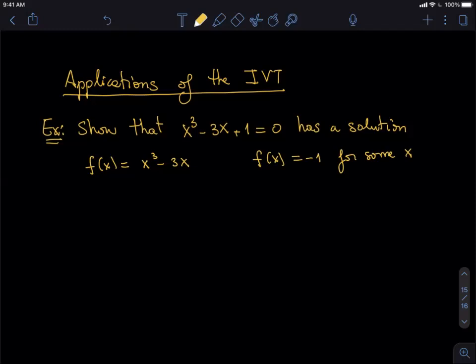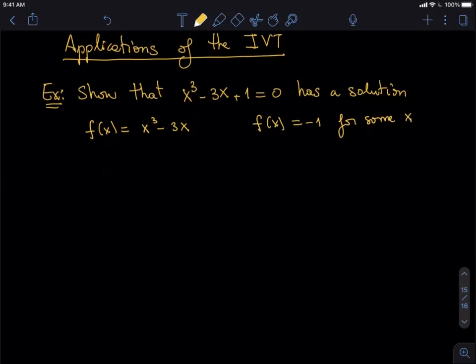So what we are going to do, if we want to apply the intermediate value theorem, remember, in the intermediate value theorem, we have 2 points, A and B, and then we need to check that f of A and f of B are on both sides of a certain quantity, which was the number capital N, which in this case is going to be -1.